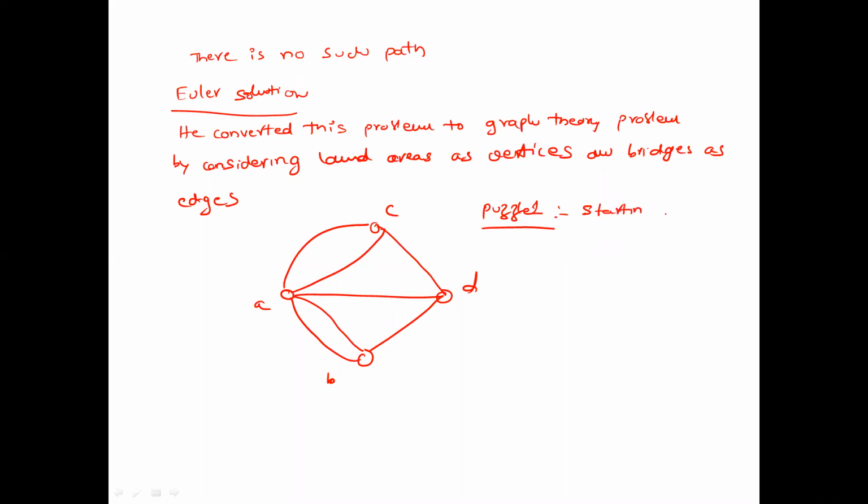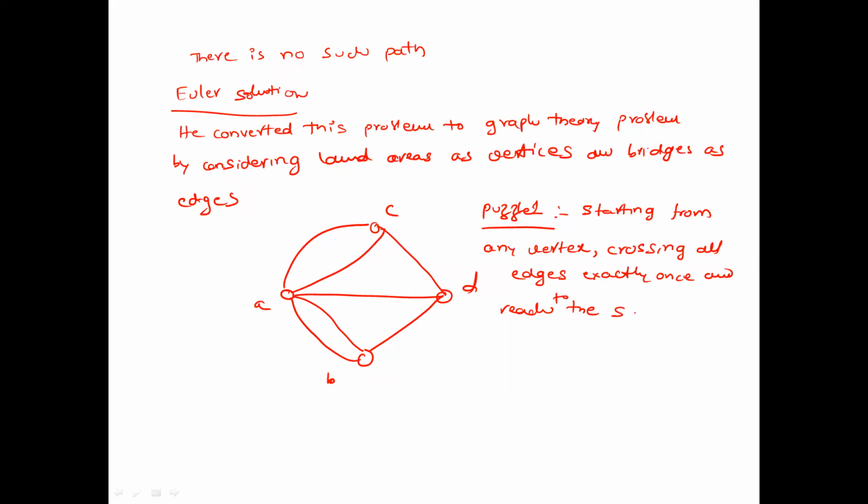So puzzle 1 is starting from any vertex. Instead of land area, now we are calling it a vertex. Starting from any vertex, crossing all edges exactly once and reaching the same vertex.